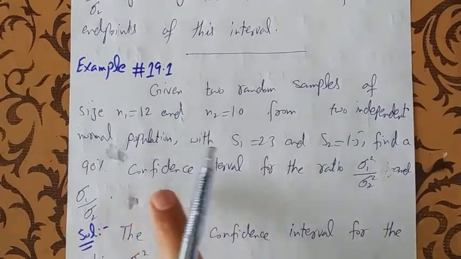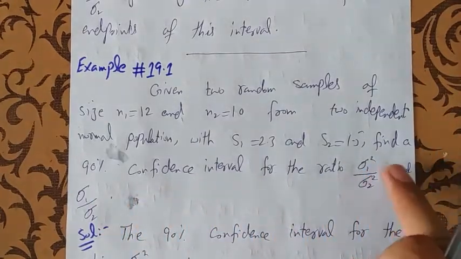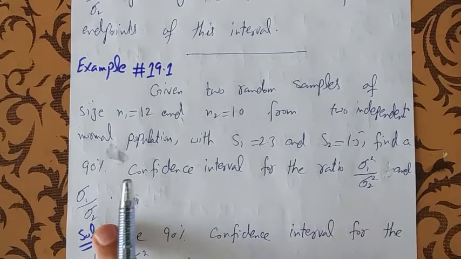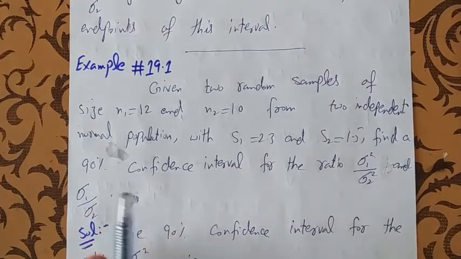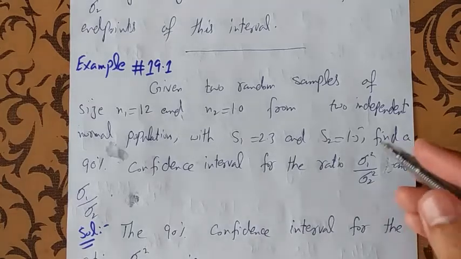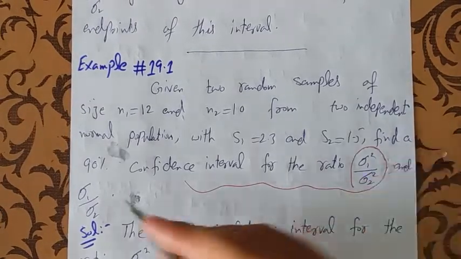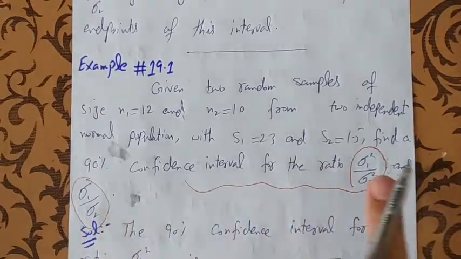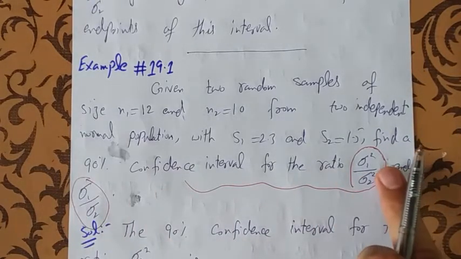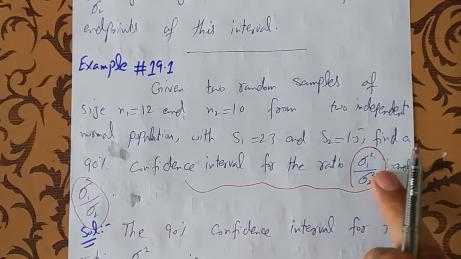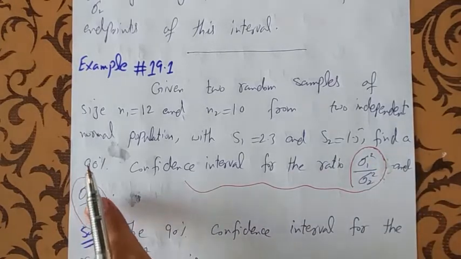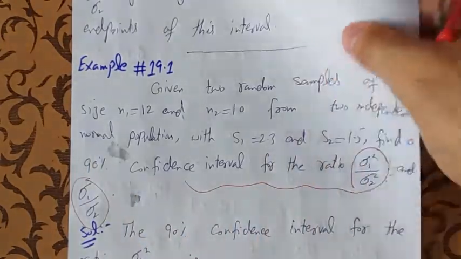Find the 90% confidence interval for the ratio sigma 1 square over sigma 2 square and find sigma 1 over sigma 2. Dear students, you find two things in this problem. One of them is the confidence interval for the ratio, and in the last you must take the square root of this relation to find sigma 1 over sigma 2.